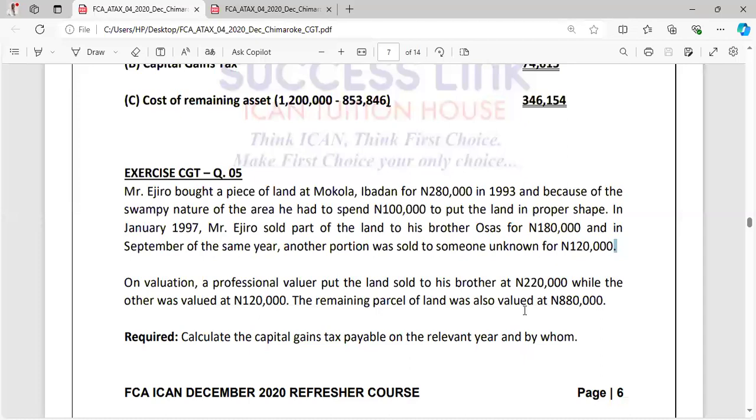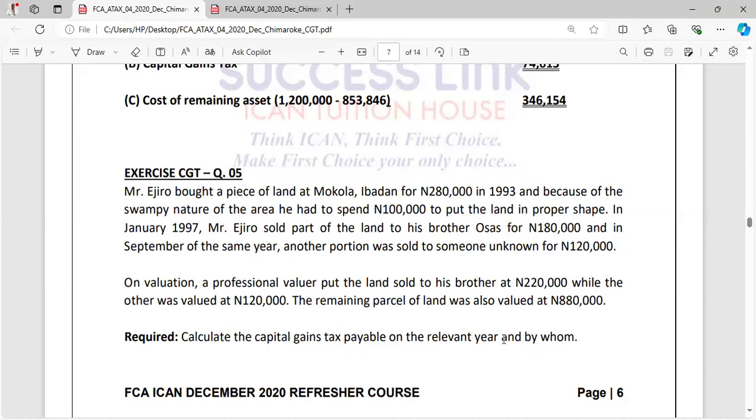The remaining parcel of land was also valued at 880,000. All right. Now calculate the capital gains tax payable on the relevant year and by whom.